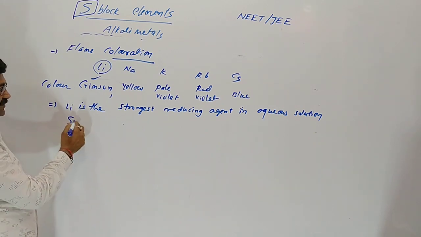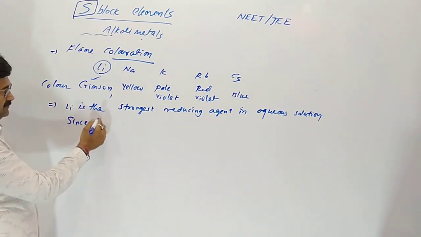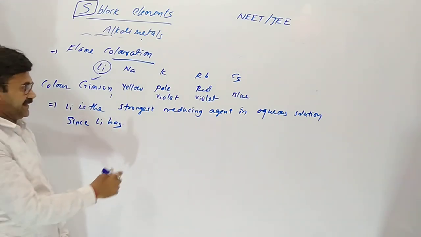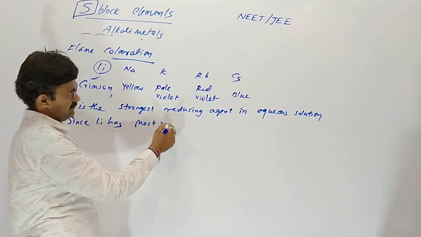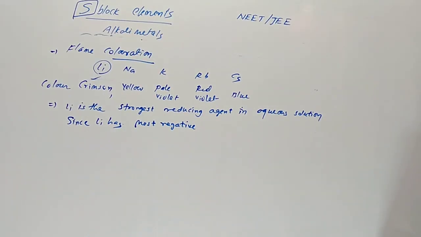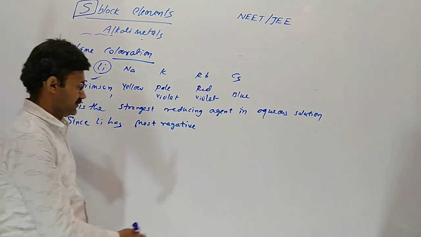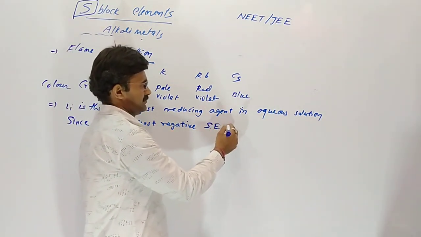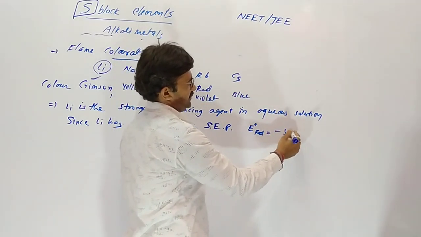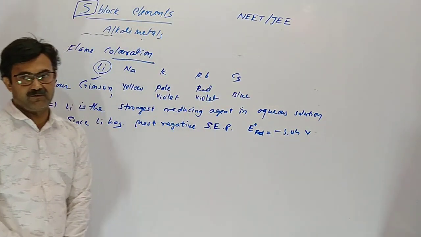Since lithium has the most negative standard electrode potential, which is minus 3.04 volt.